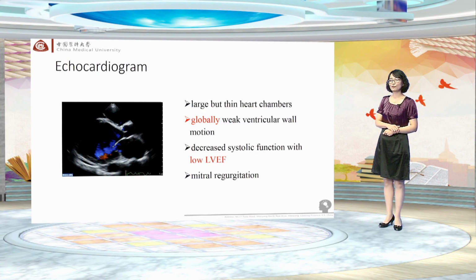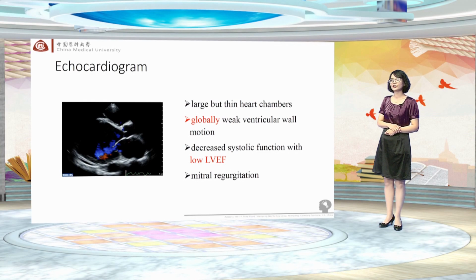Echocardiogram is a very important examination for DCM because in this figure we can see a large left ventricle with the thin wall. The wall motion is globally weak, not segmentally.